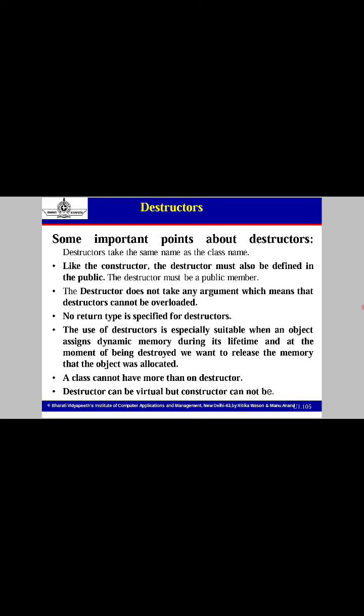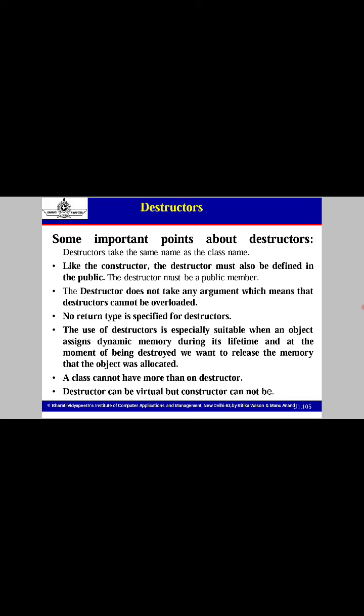So what are the important points about destructors? Like constructors, the destructor has the same name with a tilde symbol, and it should be defined as a public member only. Destructors don't take any arguments or parameters.